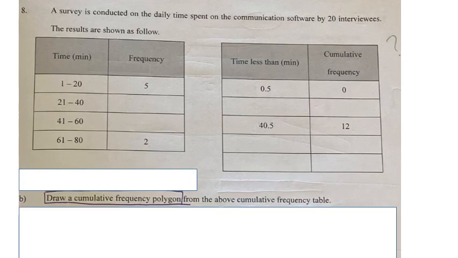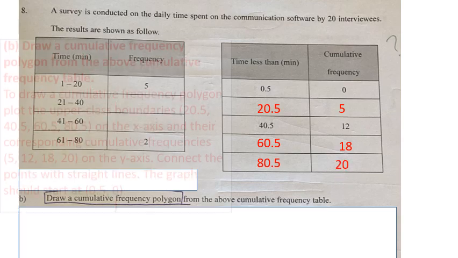Draw a cumulative frequency polygon. We know that time less than 20.5 has cumulative frequency 5. Time less than 60.5 has cumulative frequency 18. And time less than 80.5, the cumulative frequency is 20.